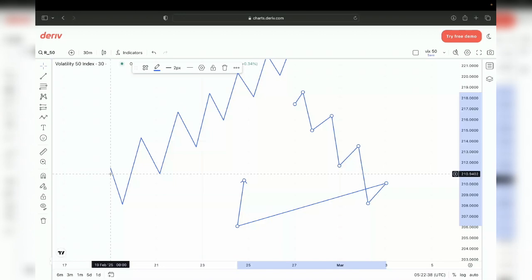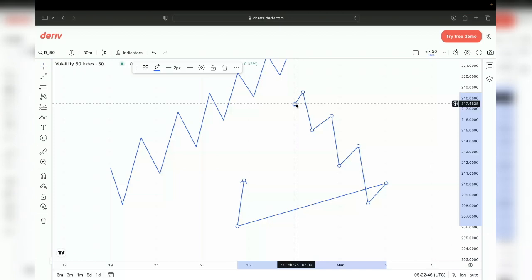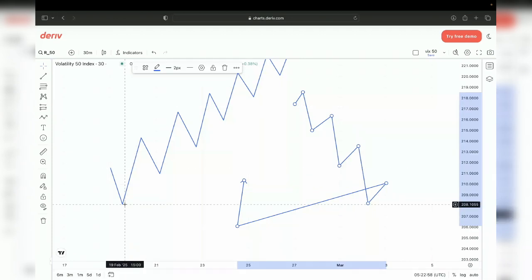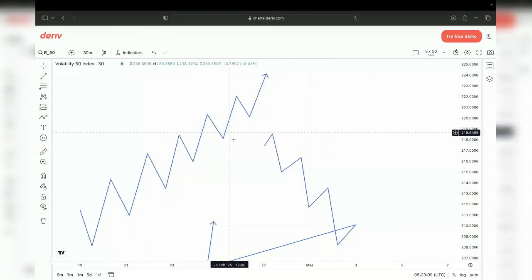So for a strong high or a strong low in an uptrend, it needs to break a previous point, which could be called a swing point. All right, so this is a strong low and this is a weak high. This is a strong high and this is a weak low. As simple as that. That's for the basic market structure.